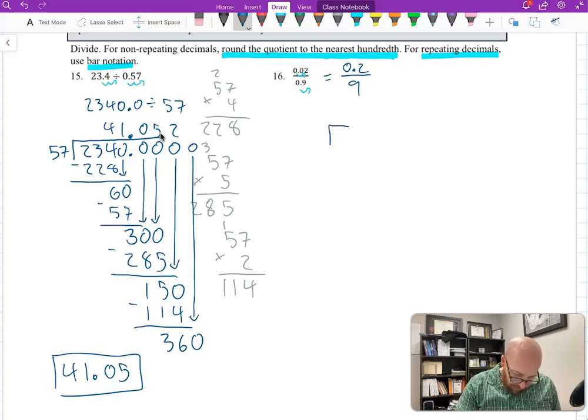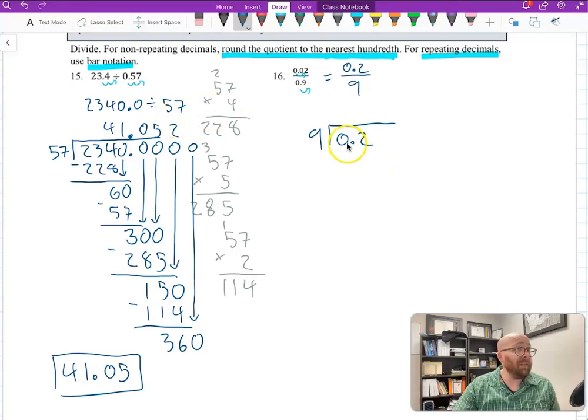So in our division box, we have 0.2, 9 on the outside. Let's see what happens as we begin dividing. Don't forget to line your decimal point up in your quotient.